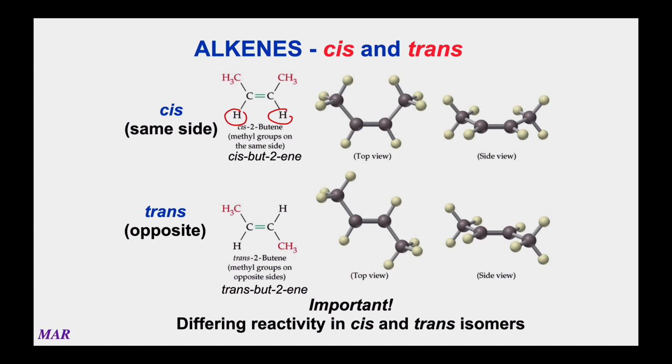So opposite carbons, but same side. Trans means that those 2 things that are the same are on opposite carbons and opposite sides. So notice how here the hydrogens are opposite each other. And if you rotated it 90, the hydrogens would be top and bottom instead of bottom and top, but they'd still be opposite, right? So cis and trans, really important.